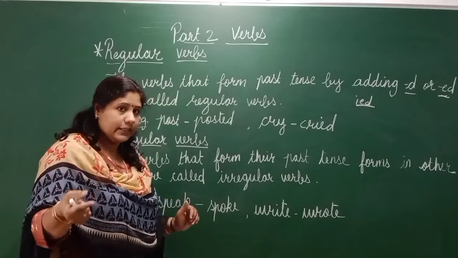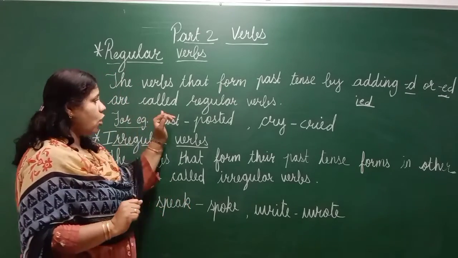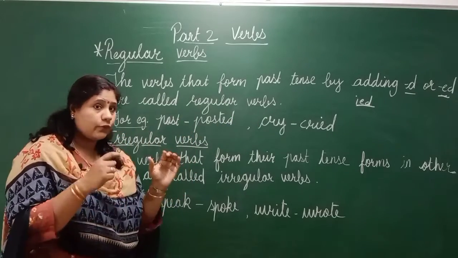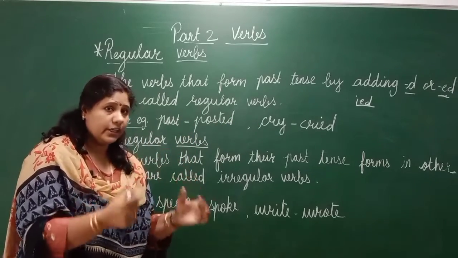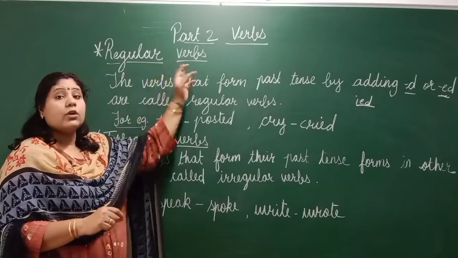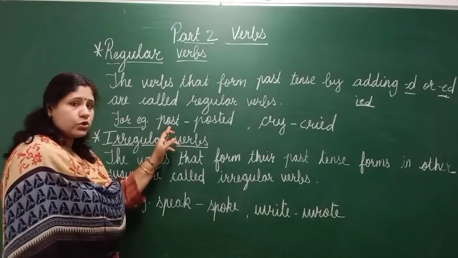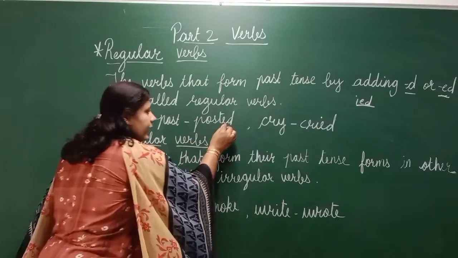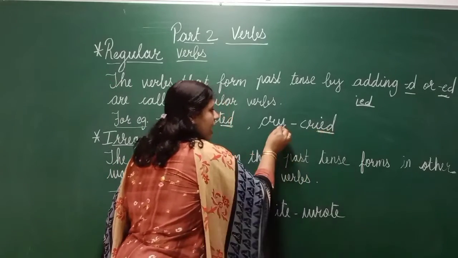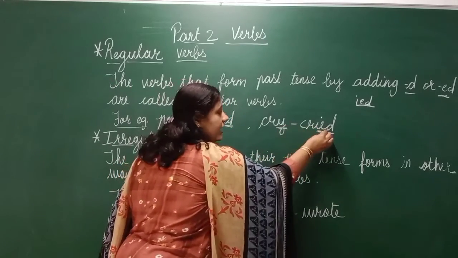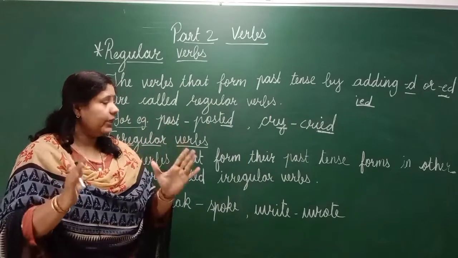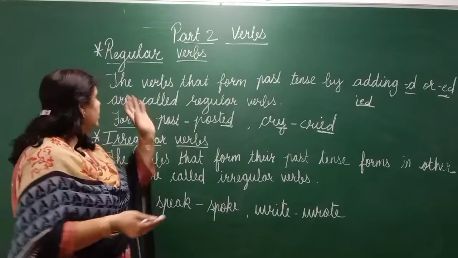So the verbs formed by adding D or ED or sometimes IED are known as regular verbs. For example, post, posted, ED; cry, cried, IED. See, it is ending with Y, so IED.